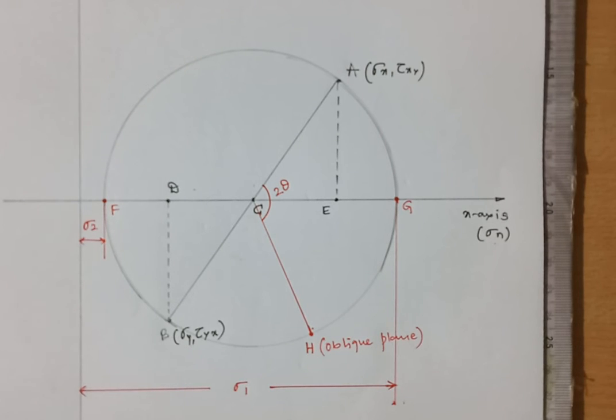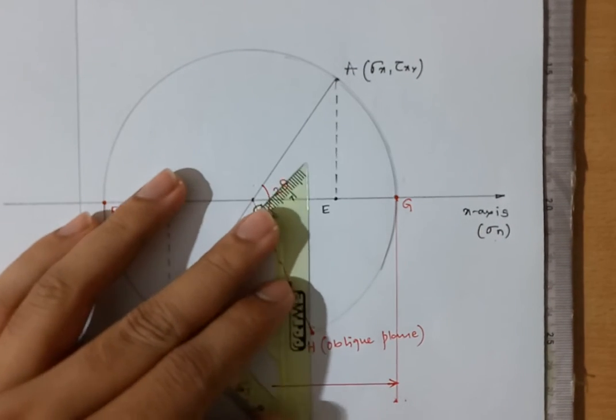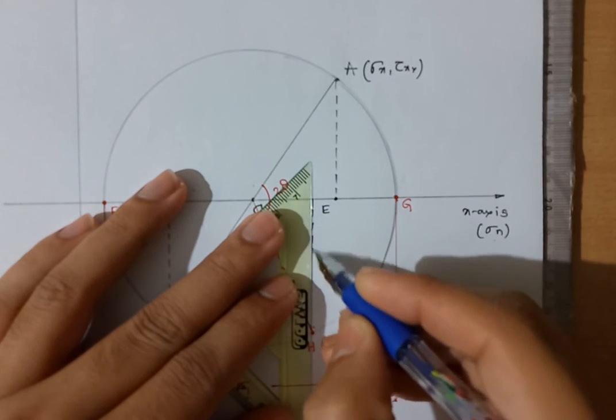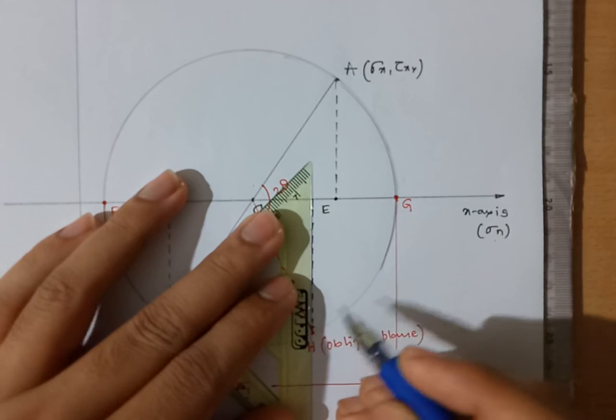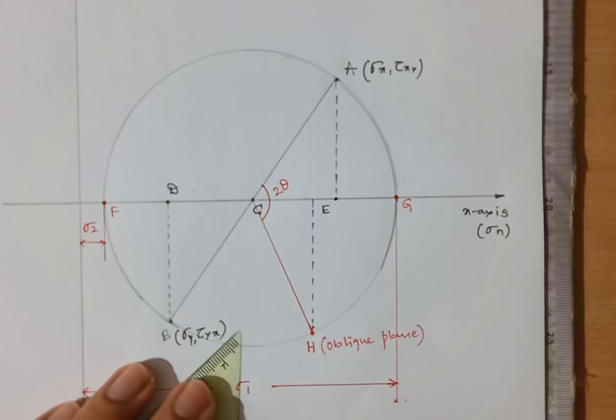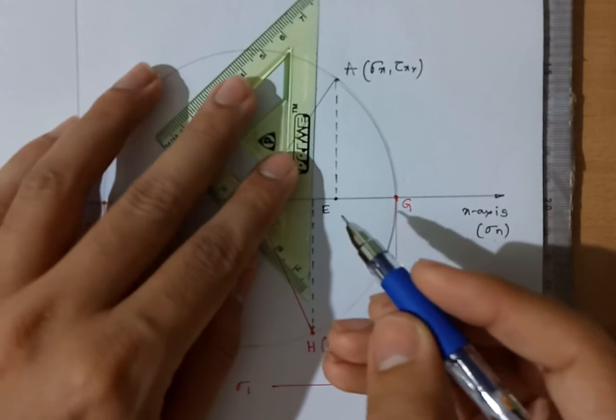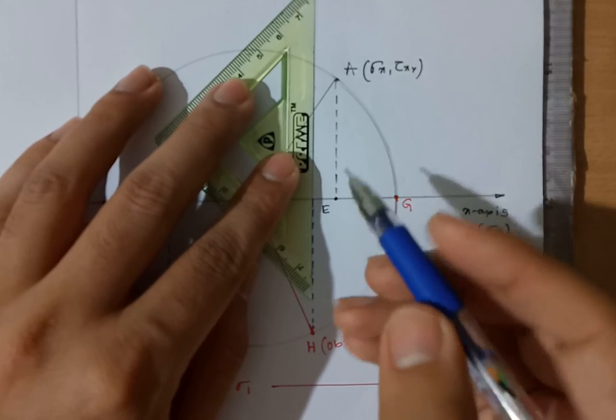Now once I have located all these things, I need to find out the value of sigma n and tau on this oblique plane. How are we going to do that? It is very simple. You just need to draw a perpendicular from this point, right? Whatever value you get here, this distance, I'll mark it here.